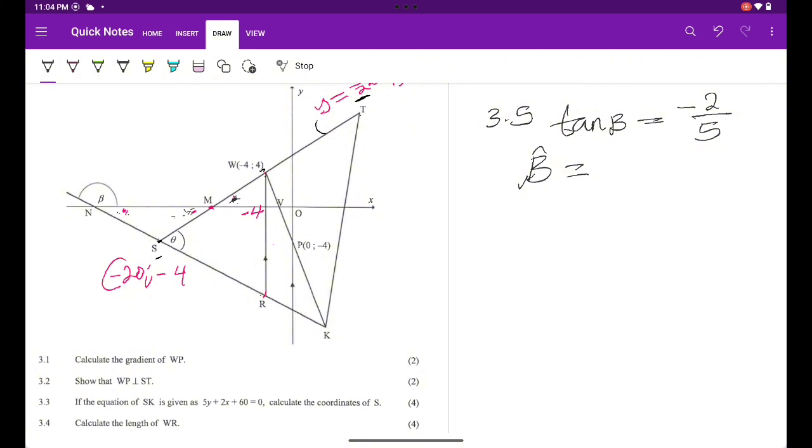So it will simply give us 158 comma 2 degrees. So that is the size of beta.